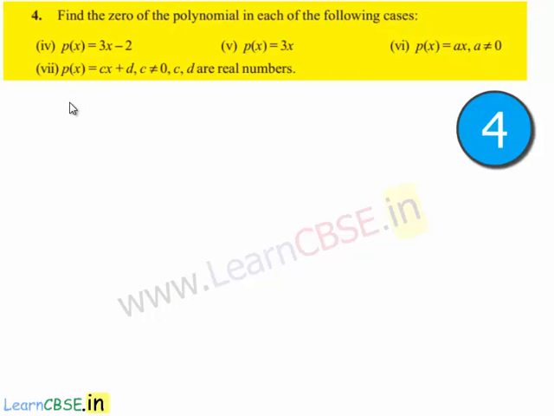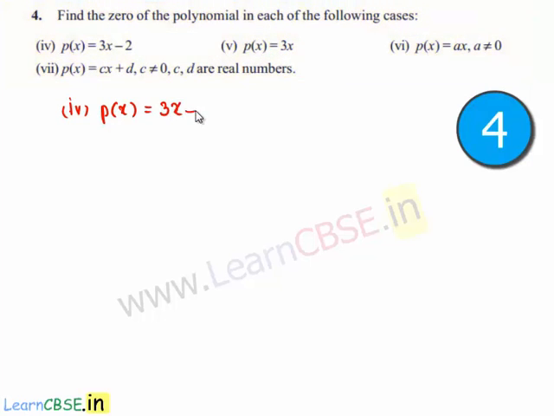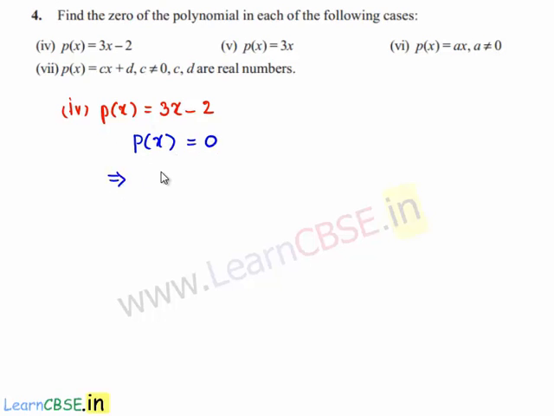Moving on to the fourth bit, which is p of x is equal to 3x minus 2. So first let us equate the given polynomial p of x is equal to 3x minus 2 to 0. P of x is equal to 0. That implies 3x minus 2 is equal to 0.